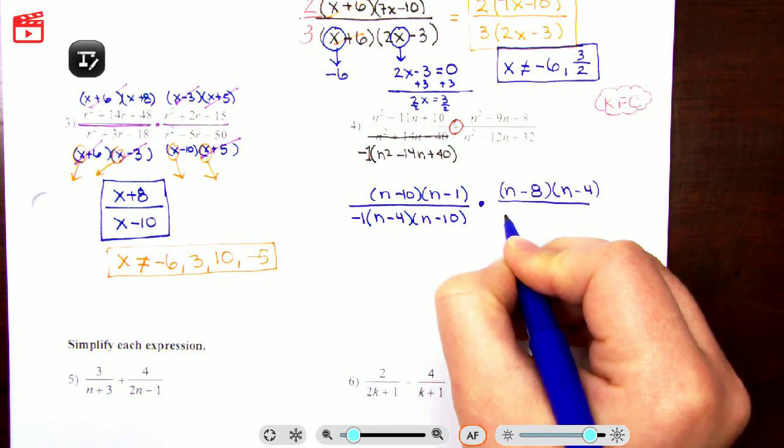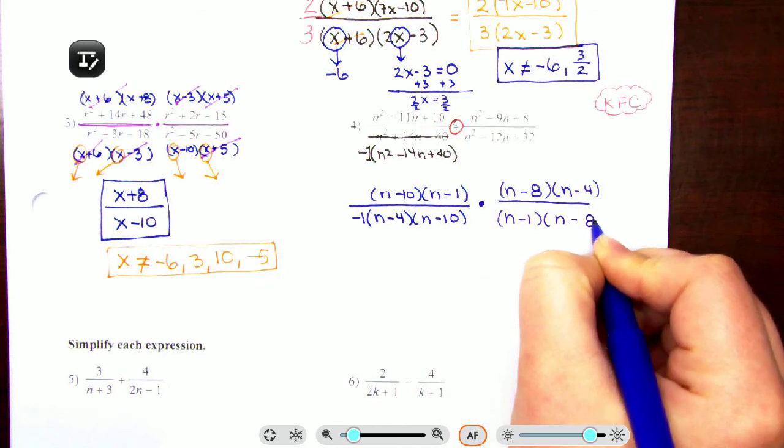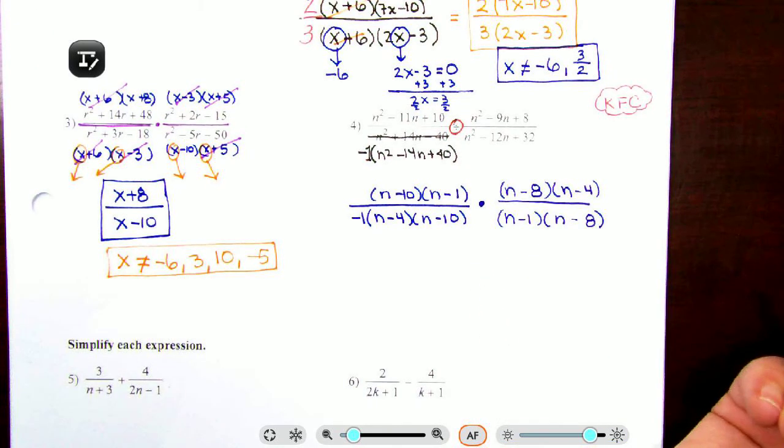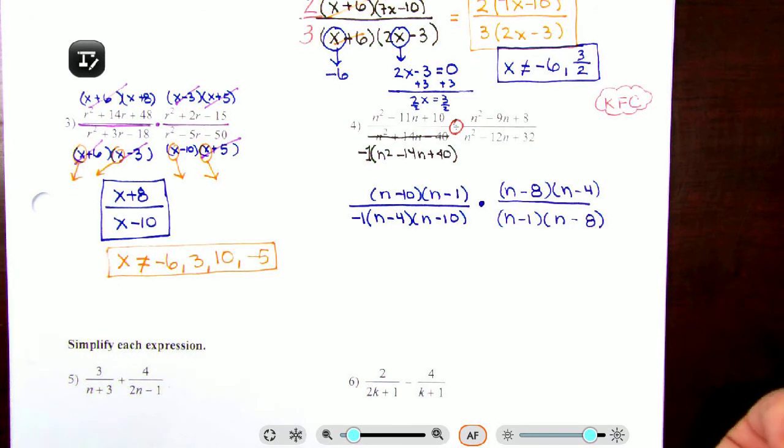And this is n minus 1, n minus 8. Ooh, and it turns out I didn't even change it. Did I change it? Yes, I did change it. Bear with me.